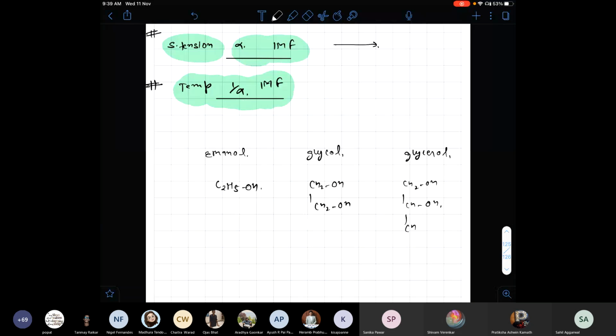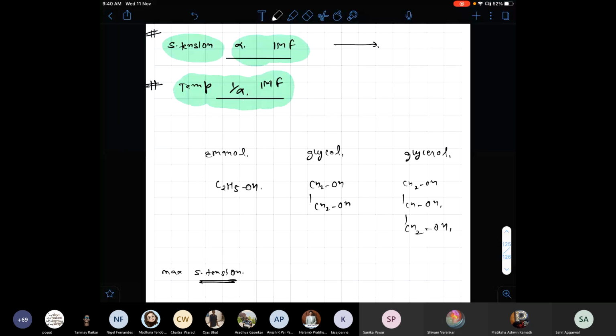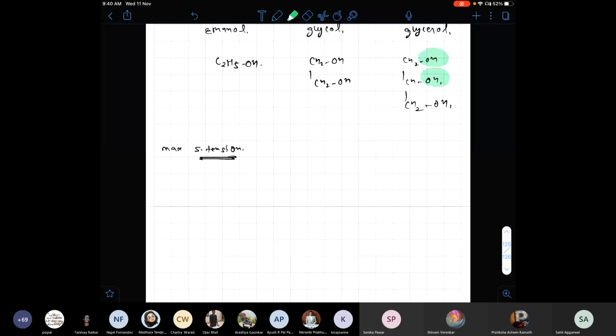Which will have maximum surface tension? Maximum surface tension will be in which one? Why, Yash? Which has maximum hydrogen bonding? Maximum hydrogen bonding is in which one? The one with the most OH groups, hydrogen bonding.